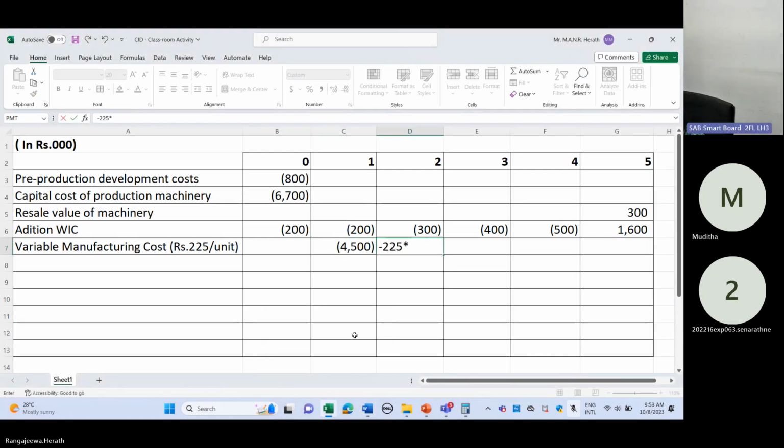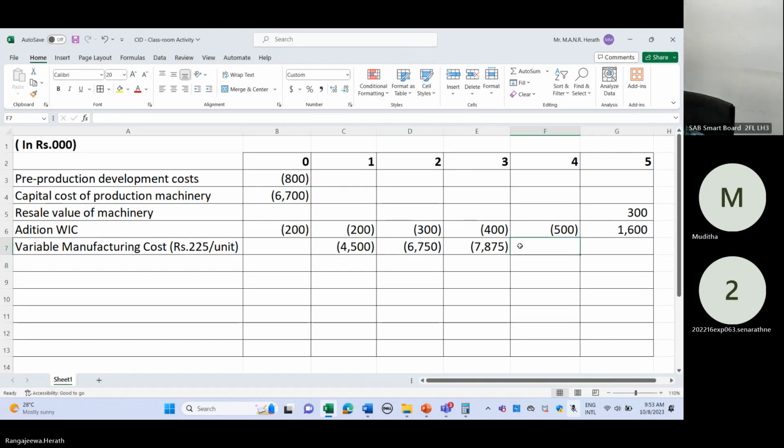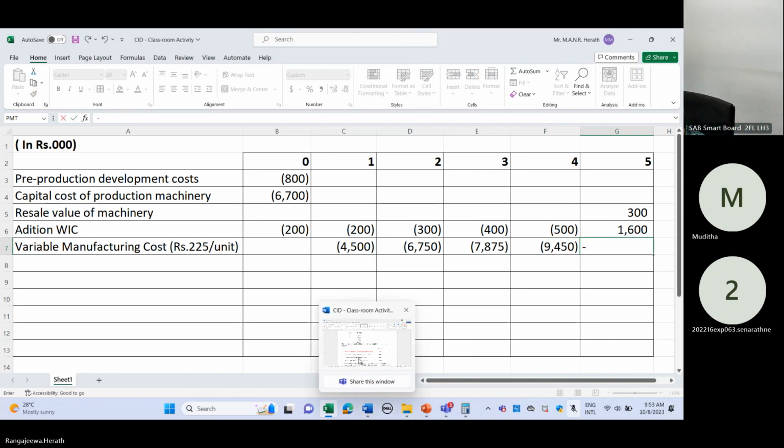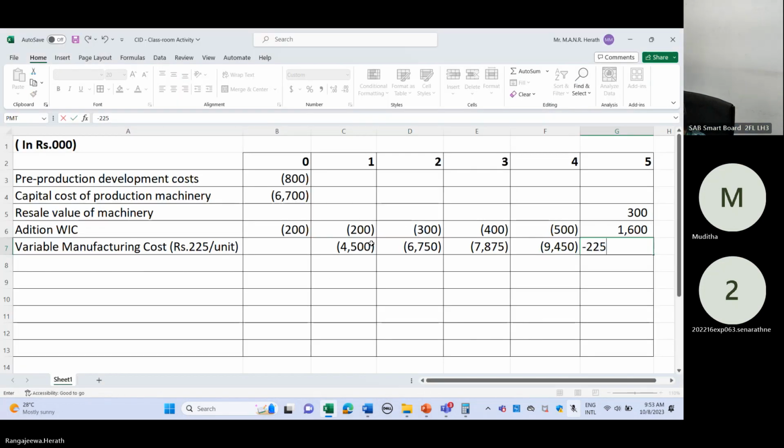Year 2, 225 into 30. Year 3, 225 into 35. Year 4, 225 into 42. Year 5, 225 into 40.